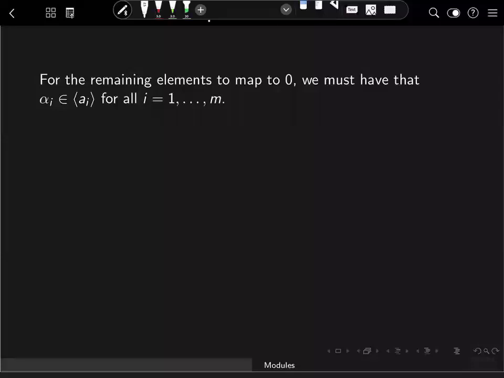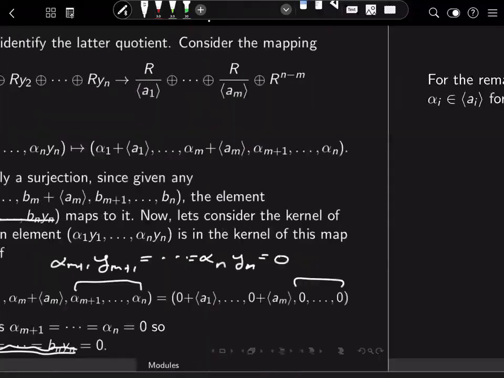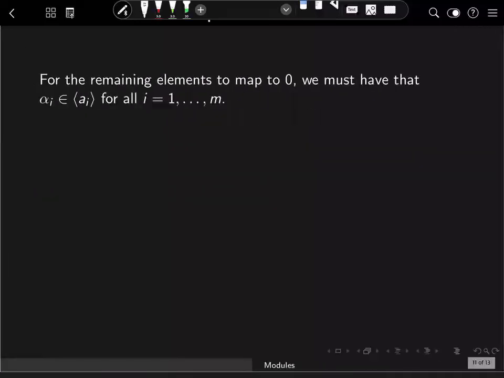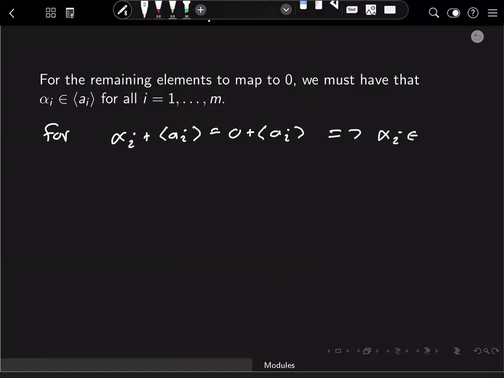Now for the remaining elements to map to 0, for alpha I plus a sub I to be equal to 0 plus a sub I, this implies that alpha I has to be an element of the ideal generated by a sub I for all I from 1 through m.